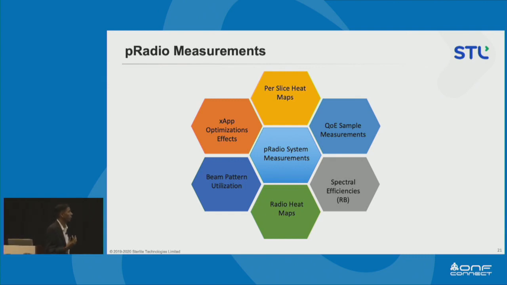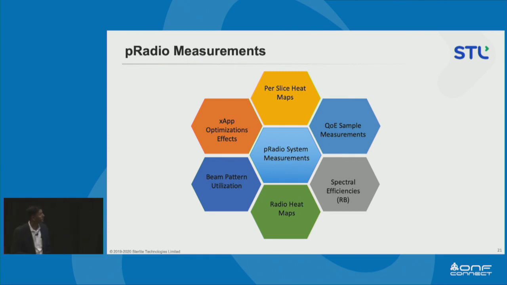Those kinds of measurements would help us bring true AI and ML intelligence into these solutions, because once we have all this data coming from the lower layers, we can do at least these 5 aspects in a better way to ensure that your customer's user experience is matched.